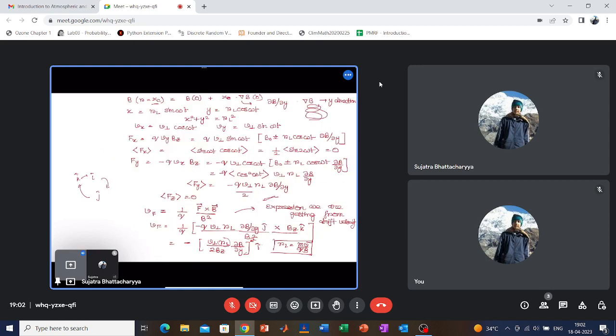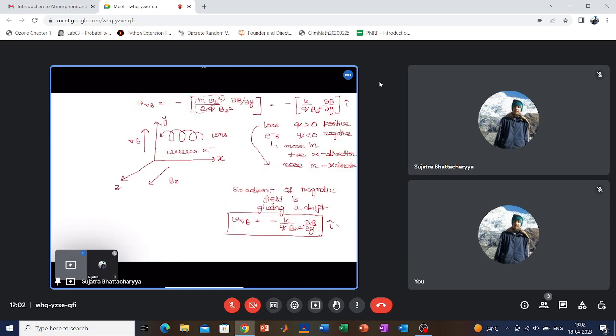On averaging, we have seen that Fx is 0, Fz is 0, Fy is only present, and using that Fy we found the expression of the drift velocity, which shows that in the I cap direction the movement or the gyration will take place.